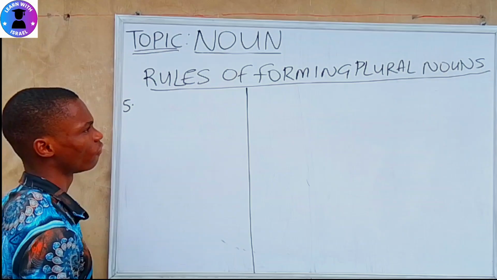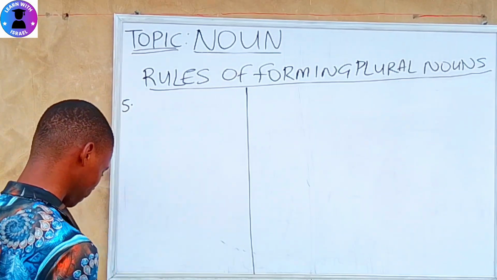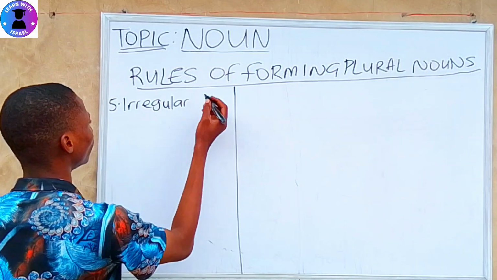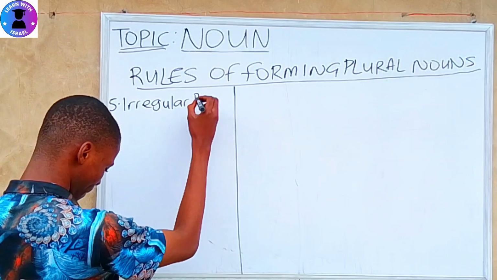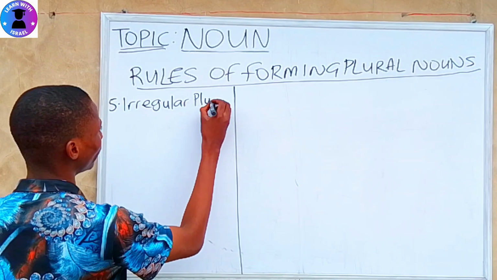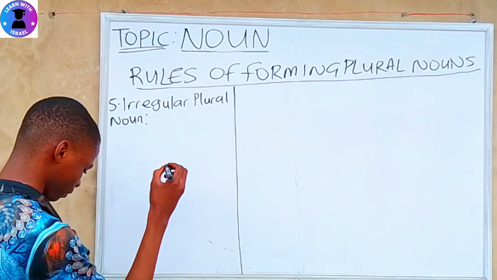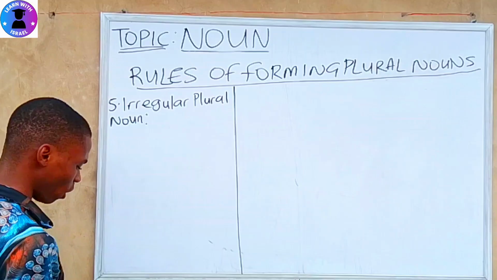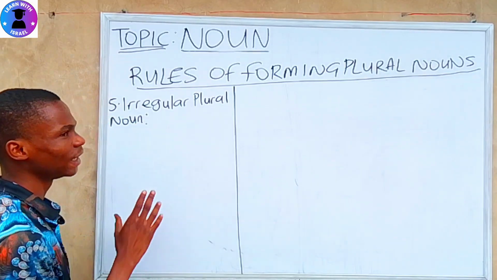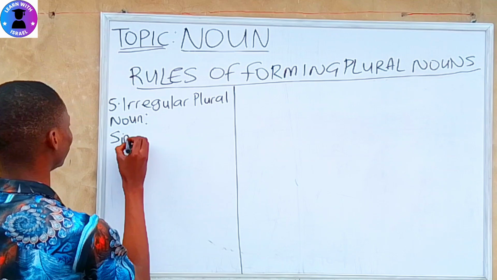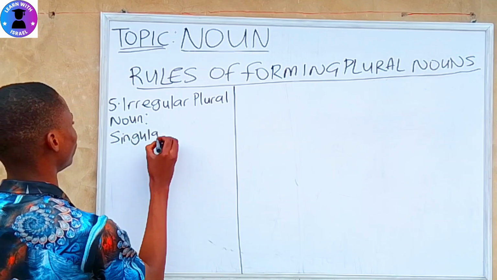The fifth rule of forming plural nouns is irregular plural nouns. This involves changing the spelling completely. So we have singular and we have plural.